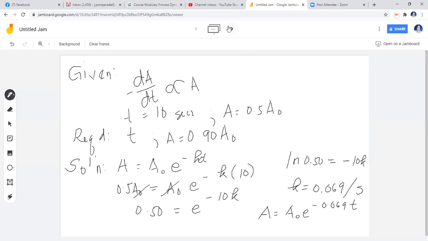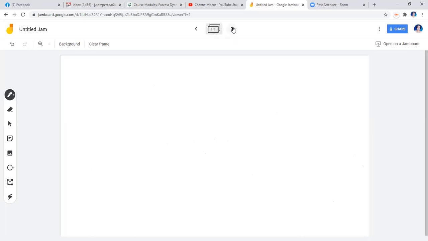Go to the next part. So remember that I'm looking for the time when 90% only of the initial amount is present because 1/10 has already been consumed or converted. So we'll go to the next.